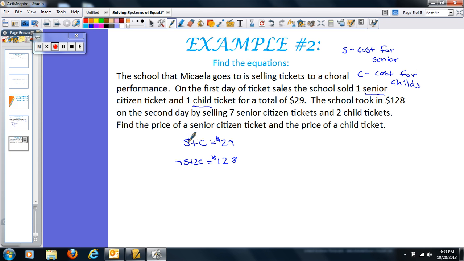So we sold 1 senior ticket plus 1 child ticket for $29. Here we sold 7 senior tickets plus 2 child's tickets, and that made us $128. Now they want you to find the price of the senior citizen ticket and the price of the child ticket. So now I have my system with my 2 variables, and I'm ready to start solving at this point.